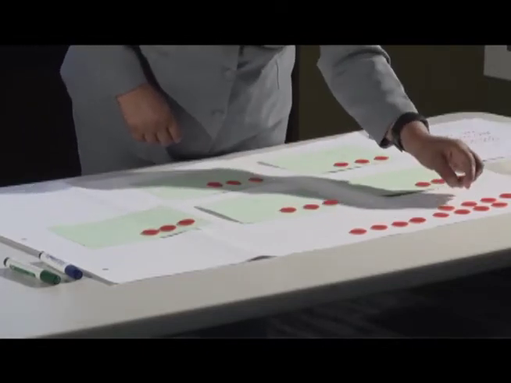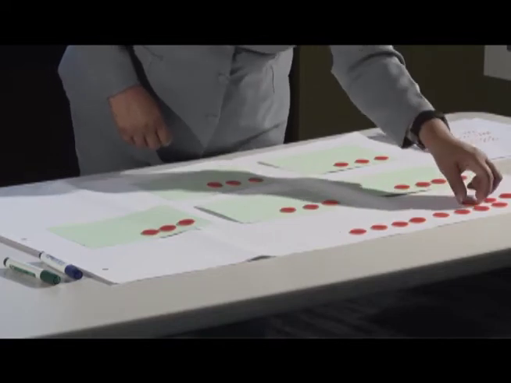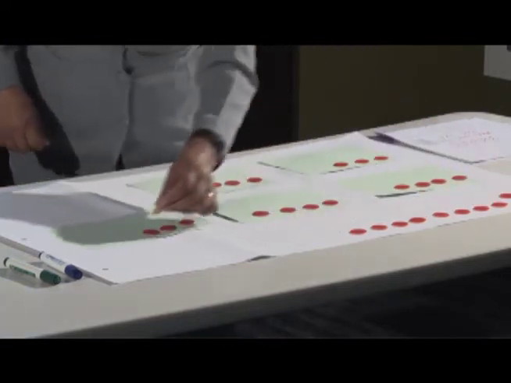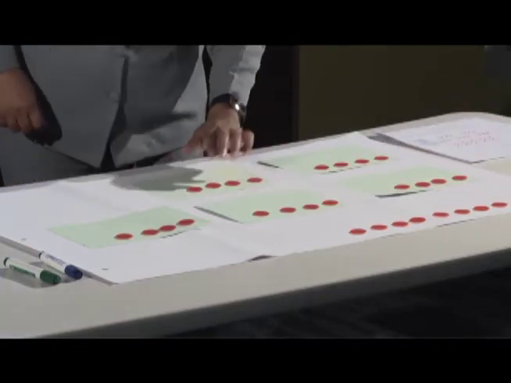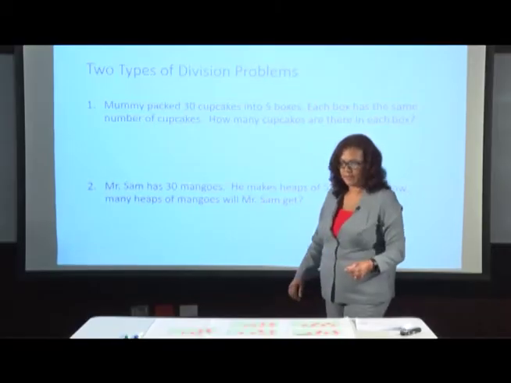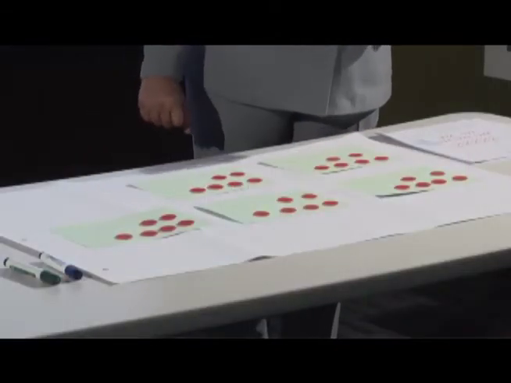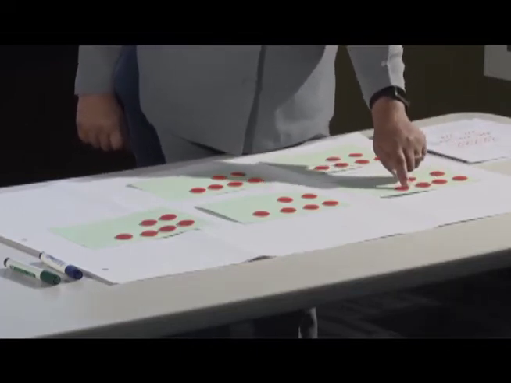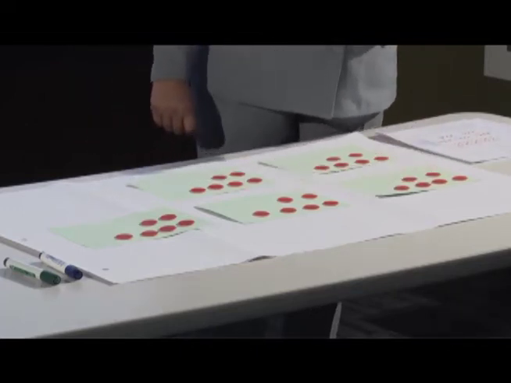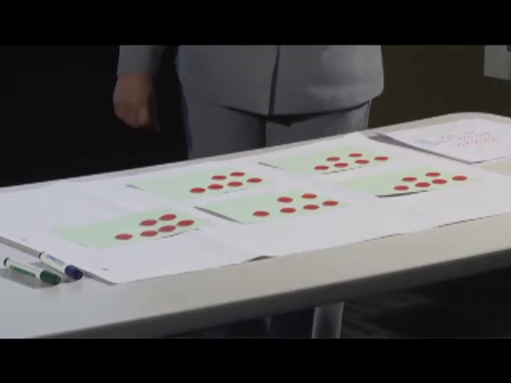So far I have 3 in each box. Now I'm starting with 4. Putting 4 cupcakes so far in each box. So there we have it. We have shared our 30 cupcakes equally in 5 boxes. And if we look at each box, we see that there are 6 cupcakes in each box.